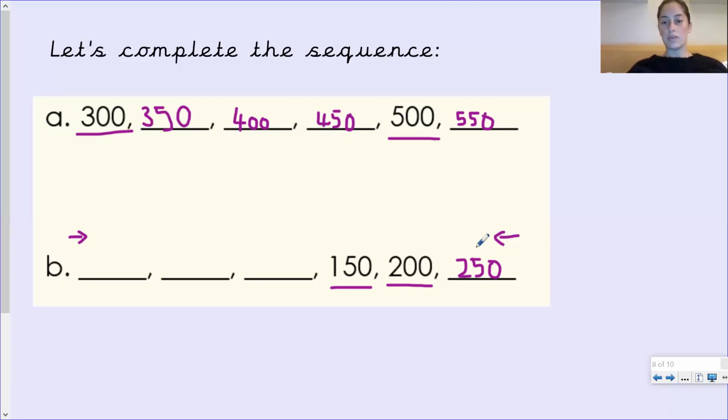So 250, 200, 150, 100, 50, and 0. And again, if I was to count it from the left side, my numbers would be going up. So 0, 50, 100, 150, 200, 250.